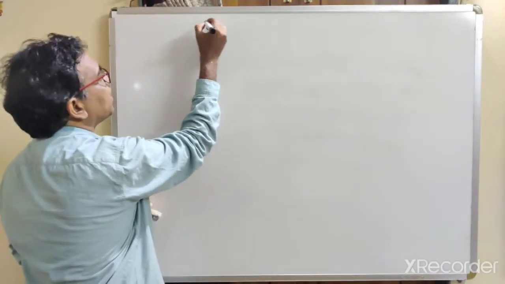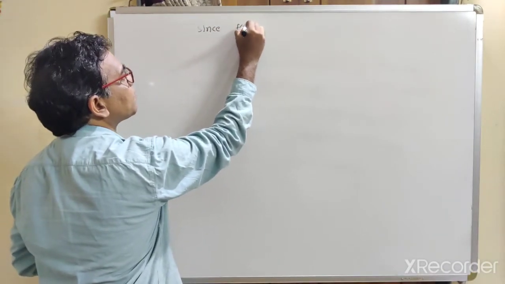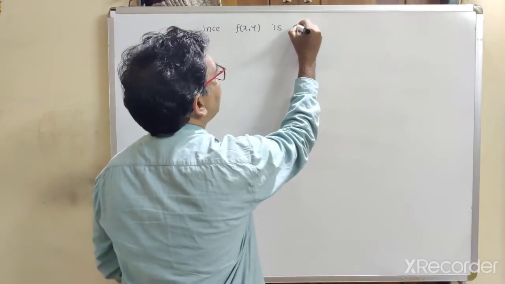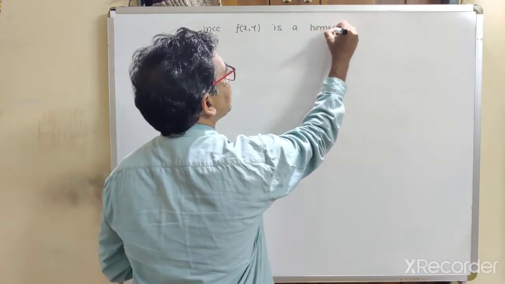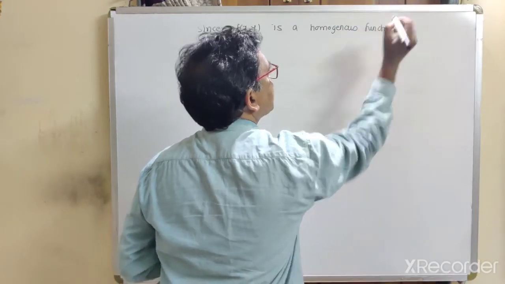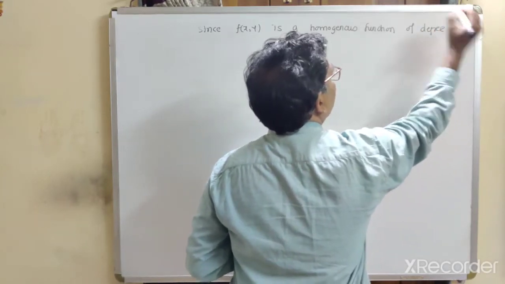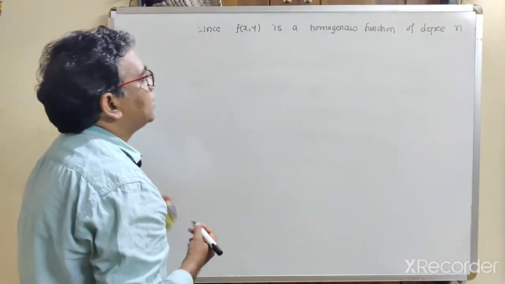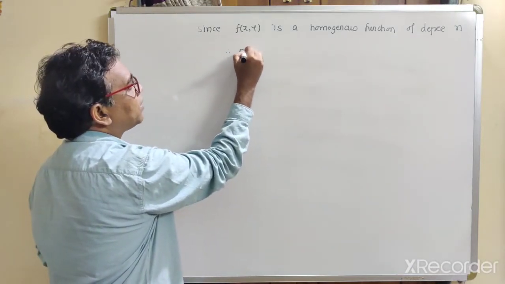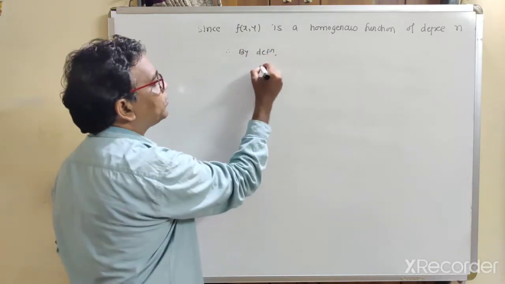So see what is given. Since f(x,y) is a homogeneous function of degree n, therefore by definition, what is the definition of homogeneous function?